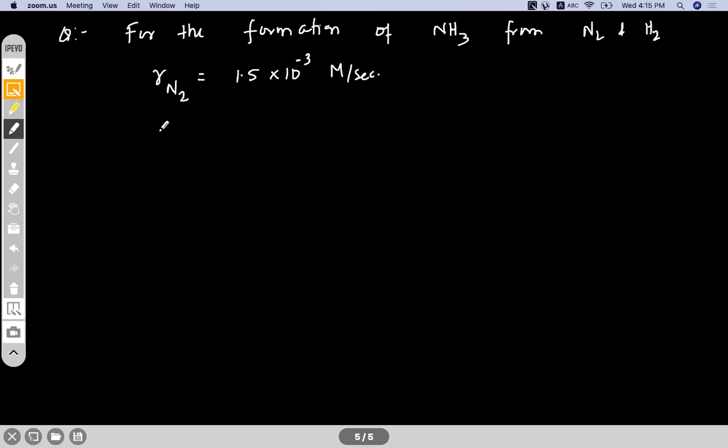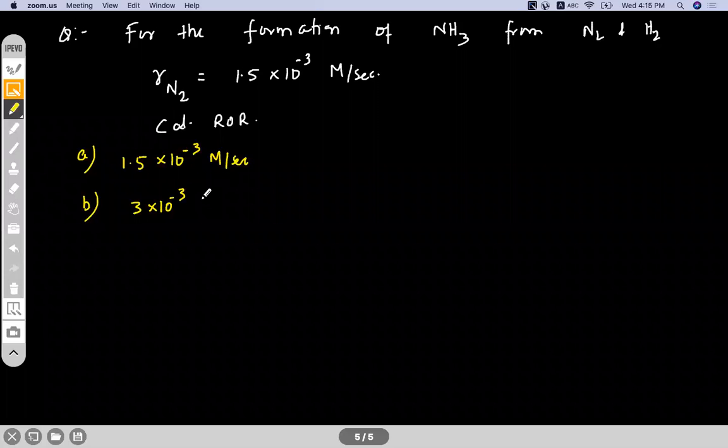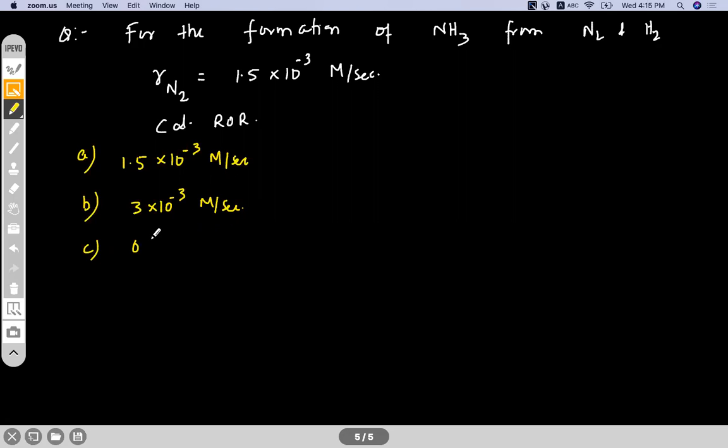You need to find out the rate of reaction. The options are: A, 1.5 into 10 to the power minus 3 molar per second; B, 3 into 10 to the power minus 3 molar per second; C, 0.75 into 10 to the power minus 3 molar per second; and D, can't determine.